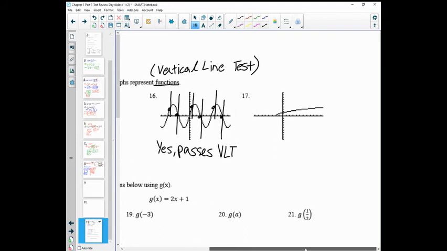And the last question on 17, if I draw vertical lines through the graph, it's passing only once each time through the graph, which means yes, this is a function because it passes the vertical line test. So the vertical line test is what we learned in chapter 1, just to kind of tell us if something was a function or not.